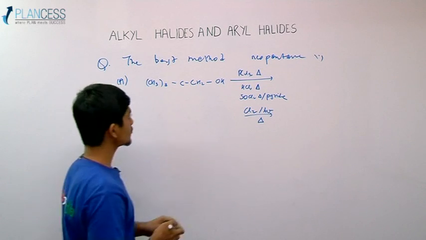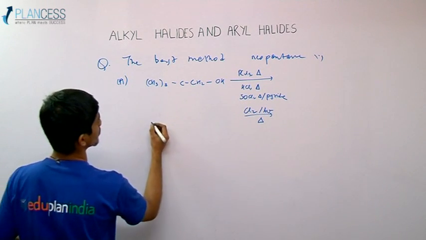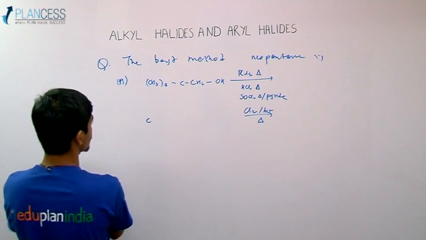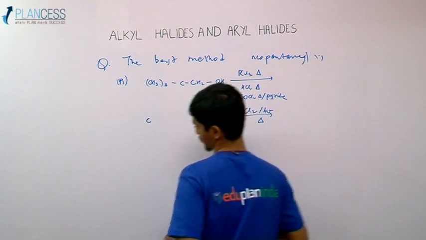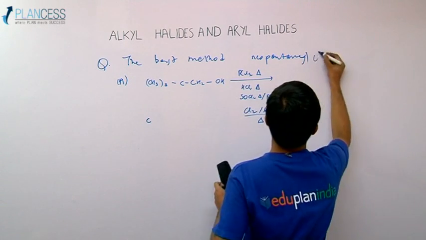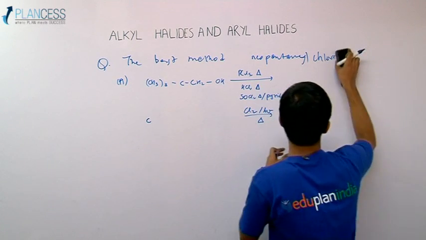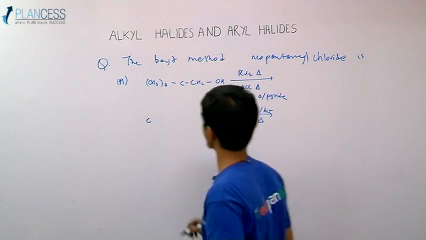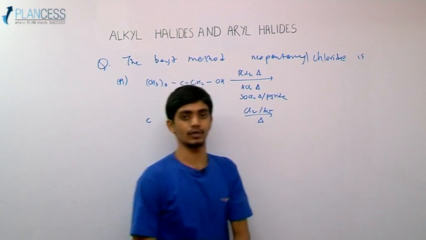Fine. Now, the best method to prepare neopentane from an alcohol. That suggests neopentyl chloride, not neopentane. These reagents won't give you neopentane, it is neopentyl chloride. We have an alcohol and we are supposed to prepare a chloride.